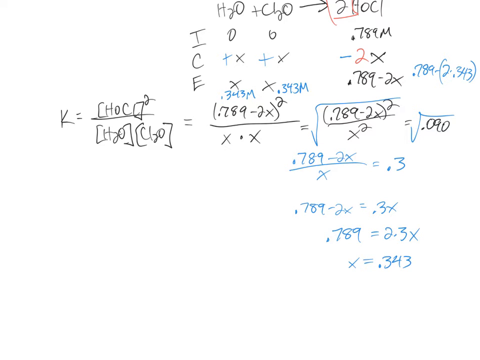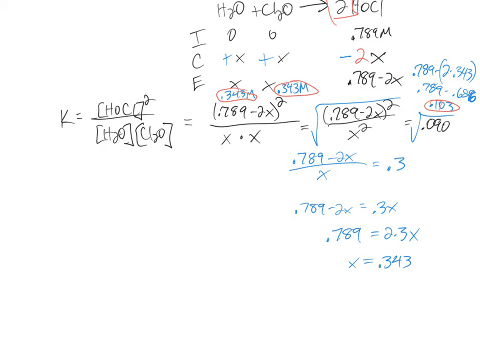So that would be 0.789 minus 0.686, which works out to be 0.103. So there we have 3 concentrations for H2O, for Cl2O, and then lastly for HOCl.